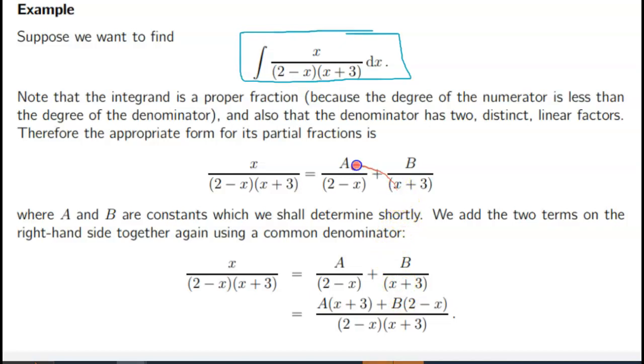So this x plus 3 comes here, and that becomes A times x plus 3. This 2 minus x goes here, and that becomes B times 2 minus x. And they both multiply, which comes here.